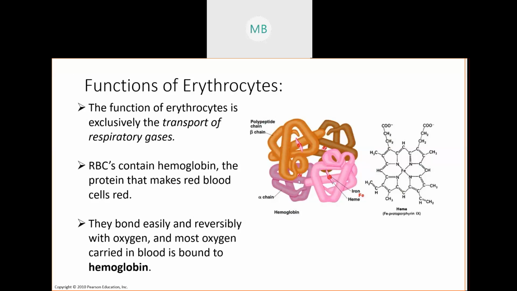And in the middle of each of these protein chains is a chemical called a heme. Right? Heme is the part of these protein chains that holds onto the iron. So iron is a part of the heme group. And heme is also a red pigment that is bonded to each of these globulin chains.